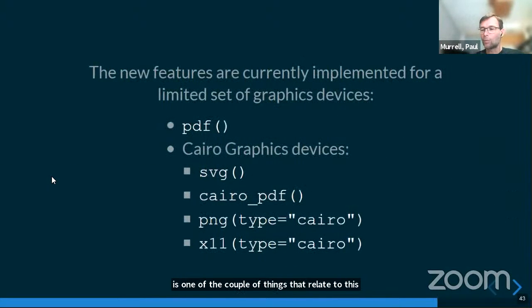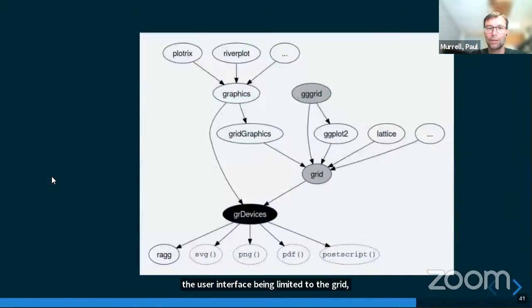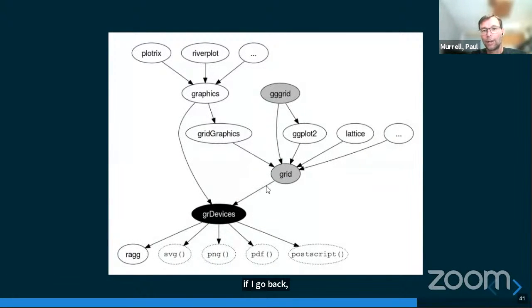So as well as the user interface being limited to grid, I'll go back to this diagram. We've implemented things out to the grid level, but people will be working on hopefully providing a ggplot2 type interface and possibly to other packages to allow you to work with something you're more familiar with and get access to these facilities.